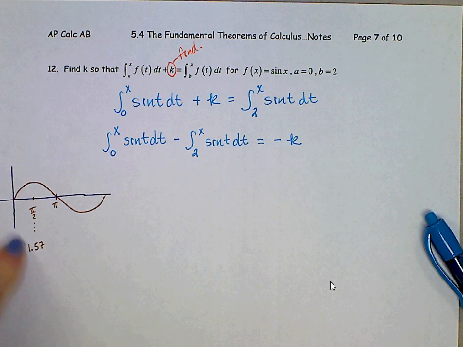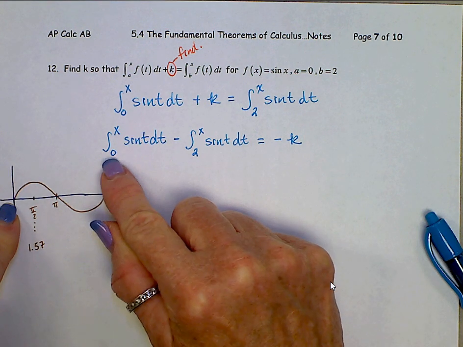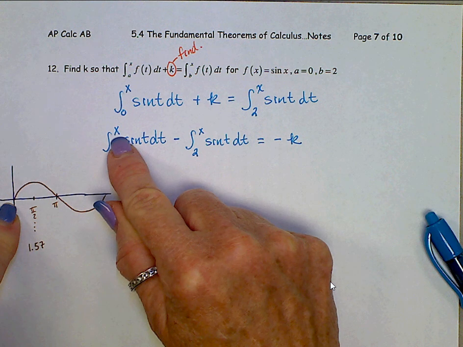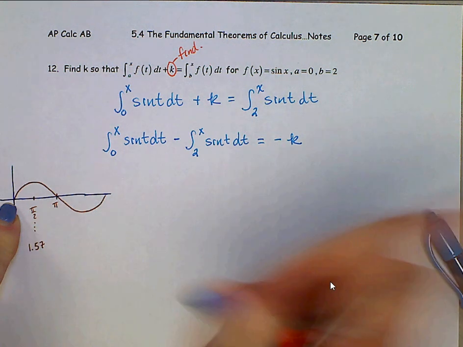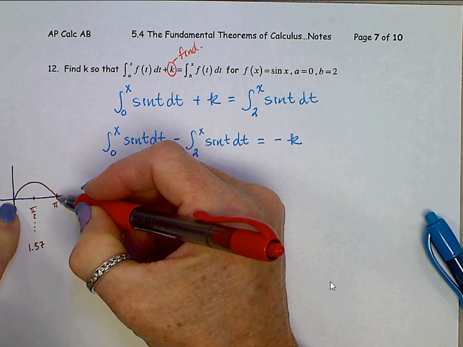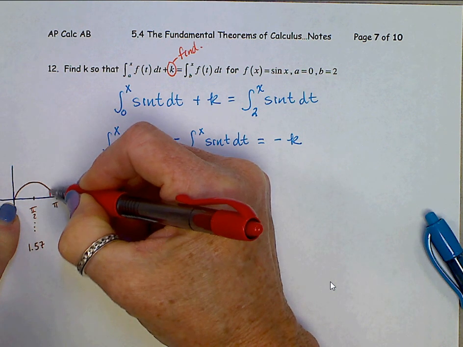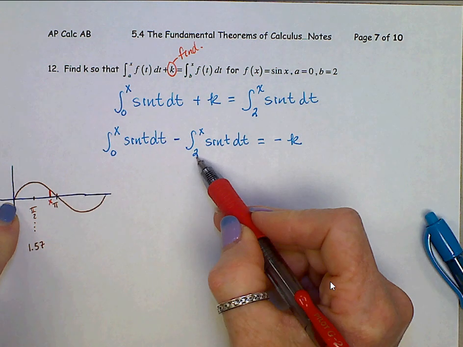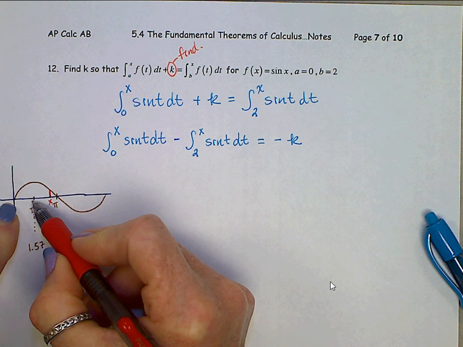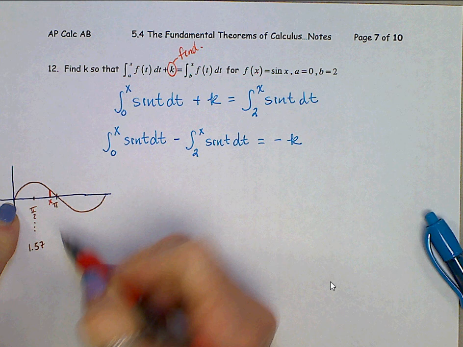All right, so this is the area underneath this curve from 0 to some spot x. Doesn't matter where you put that x. I kind of want to keep everything positive, so I'm not going to worry about this part down here. I'm going to put my x way out here, and here's why. I want it to be bigger than 2. And if that's 1.57, 2 is probably right about there. So I want to be pretty close to pi. So there's some x.